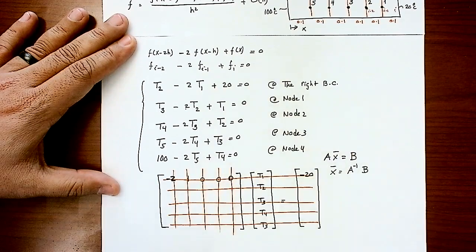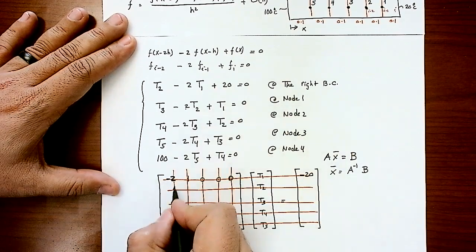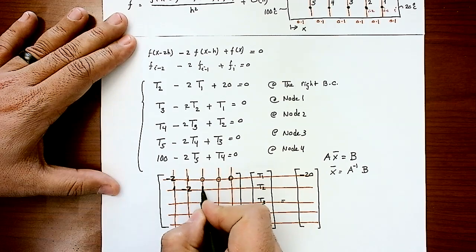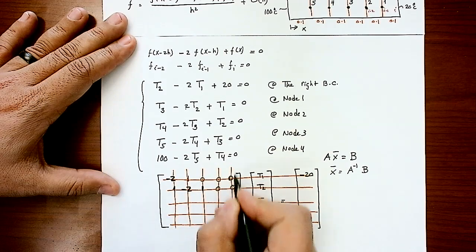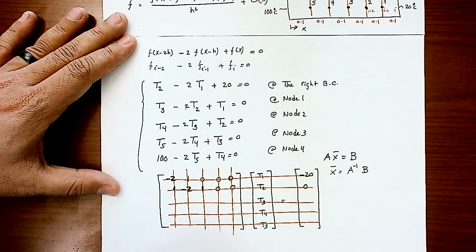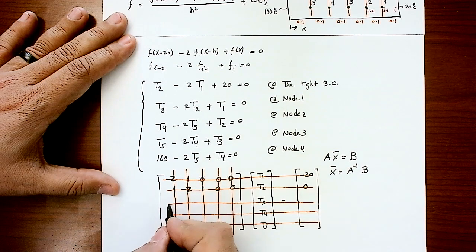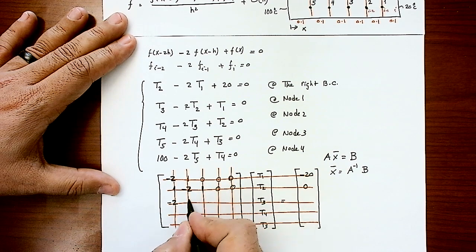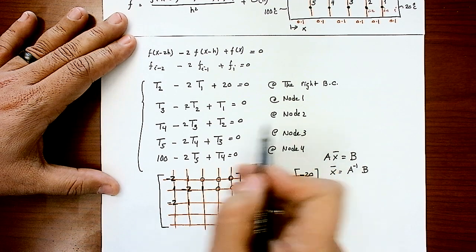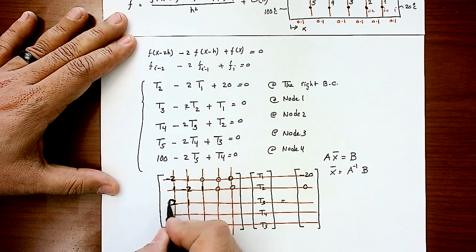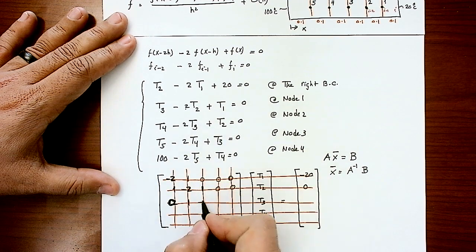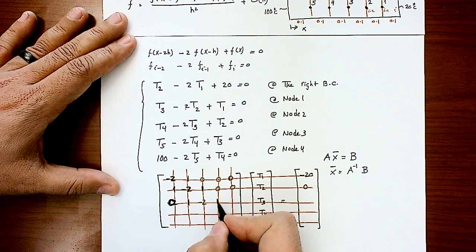Now go to the next equation. T1 has a coefficient of 1, T2 has a coefficient of minus 2, T3 is 1, 0 T4, 0 T5, and the free term is 0. For the next node, T1 is 0, T2 has a coefficient of 1, T3 has a coefficient of minus 2, and T4 a coefficient of 1.